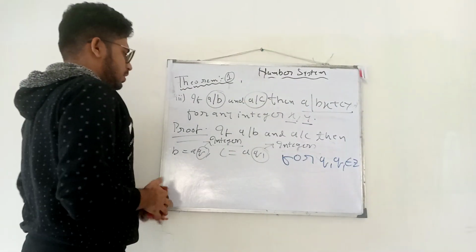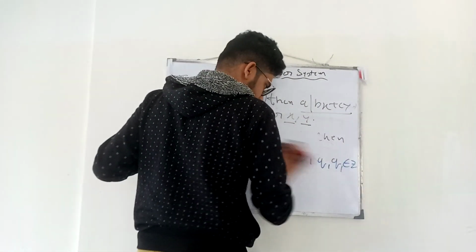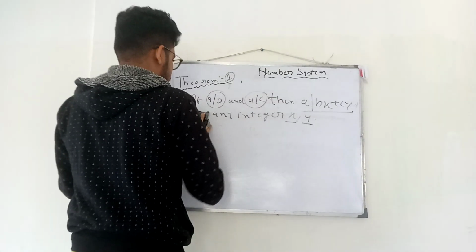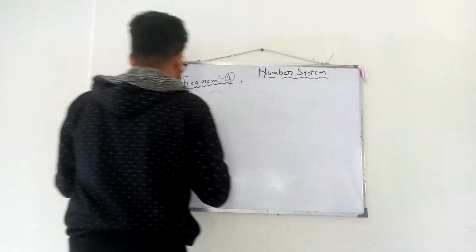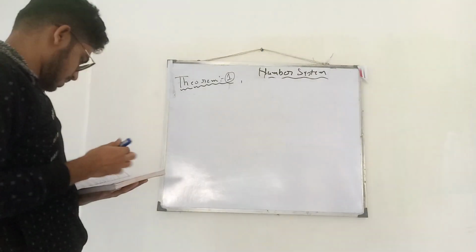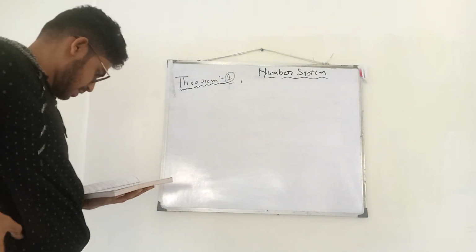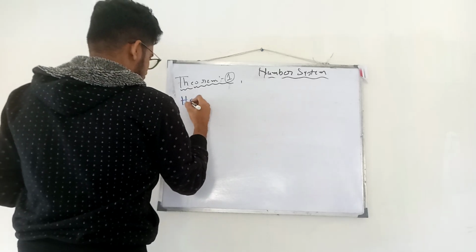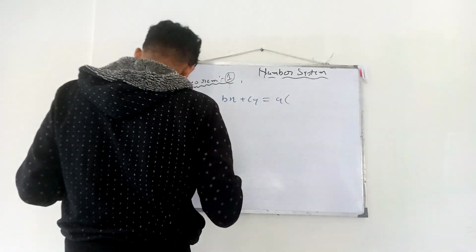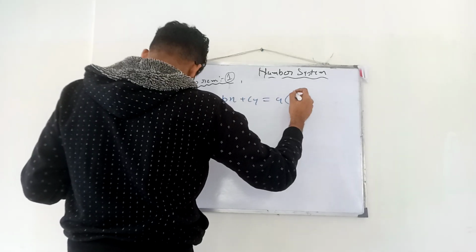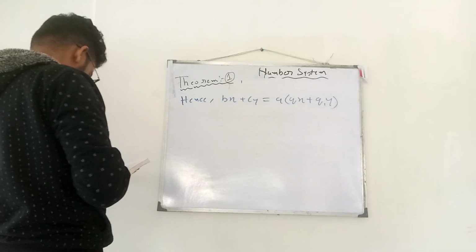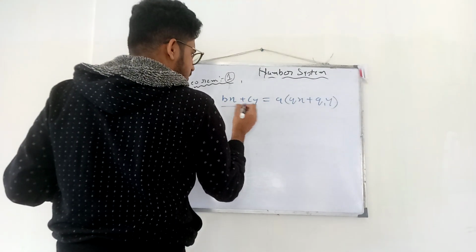Hence bx plus cy is equal to a into qx plus q1y.